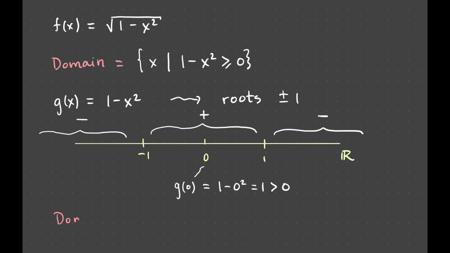What this all means is that the domain of this function consists precisely of the middle interval only, which, in terms of interval notation, is just the set from minus 1 to 1. The square brackets in this case indicate that the endpoints are to be included in the interval. That is, 1 and minus 1 are both valid points that we could plug in.